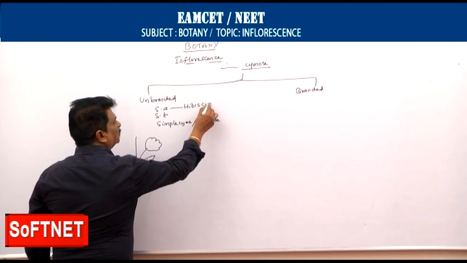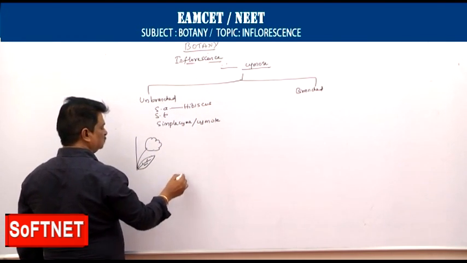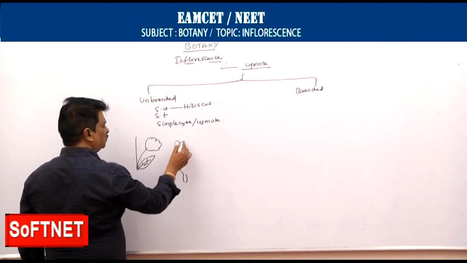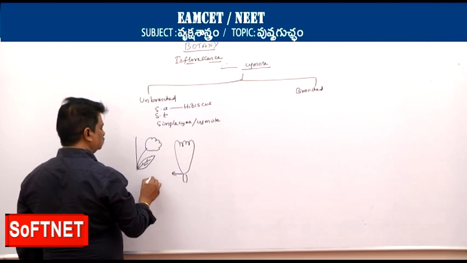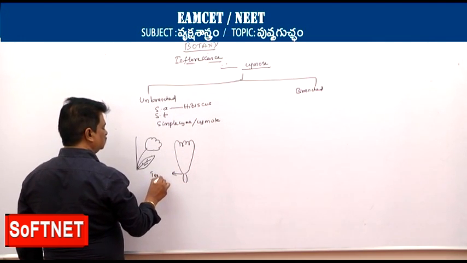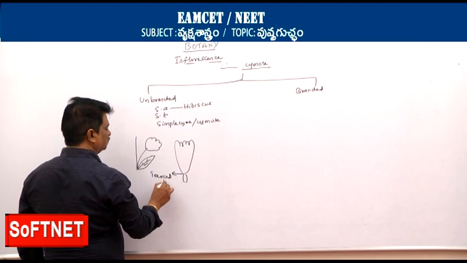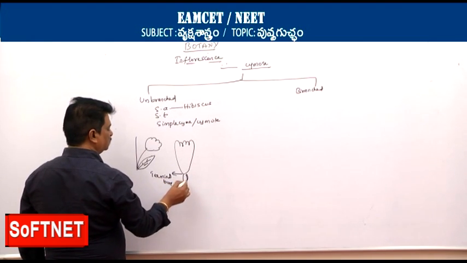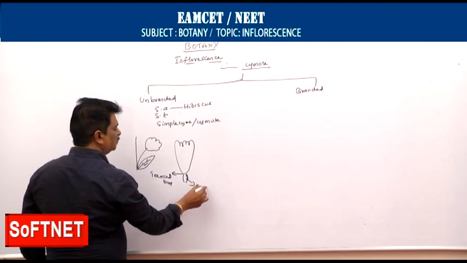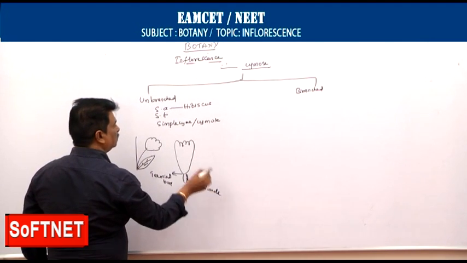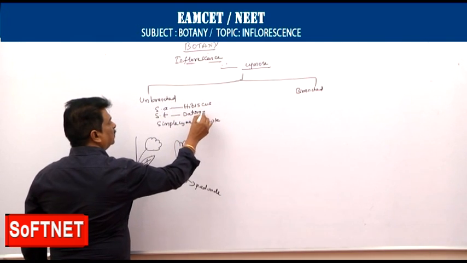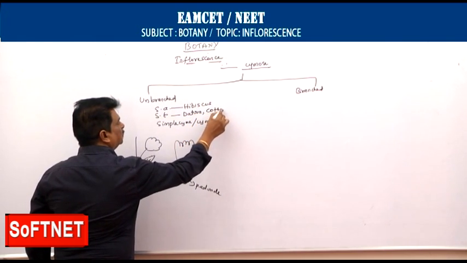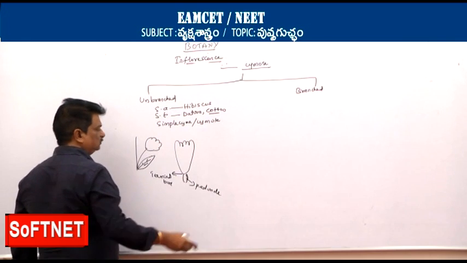Example, hibiscus. And second one, solitary terminal, in which terminal bud ends with a flower. Example for solitary terminal, datura and cotton.